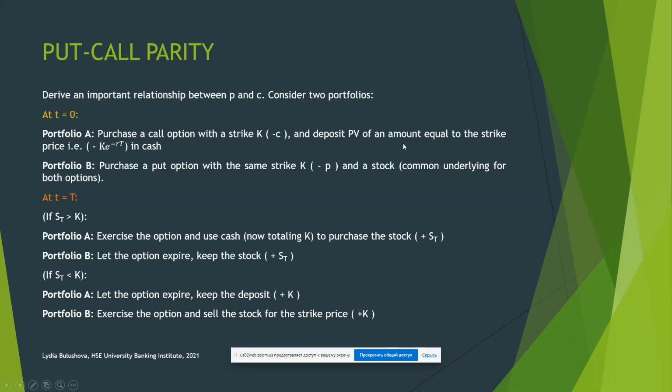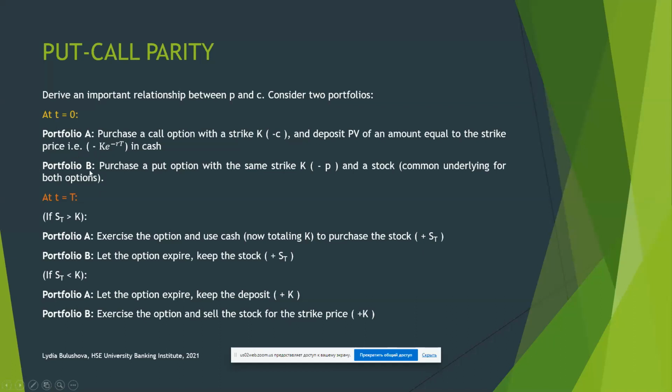And we deposit the present value of an amount that is equal to the strike. So here we've got K strike multiplied by a discount factor to bring its future value to its present value.